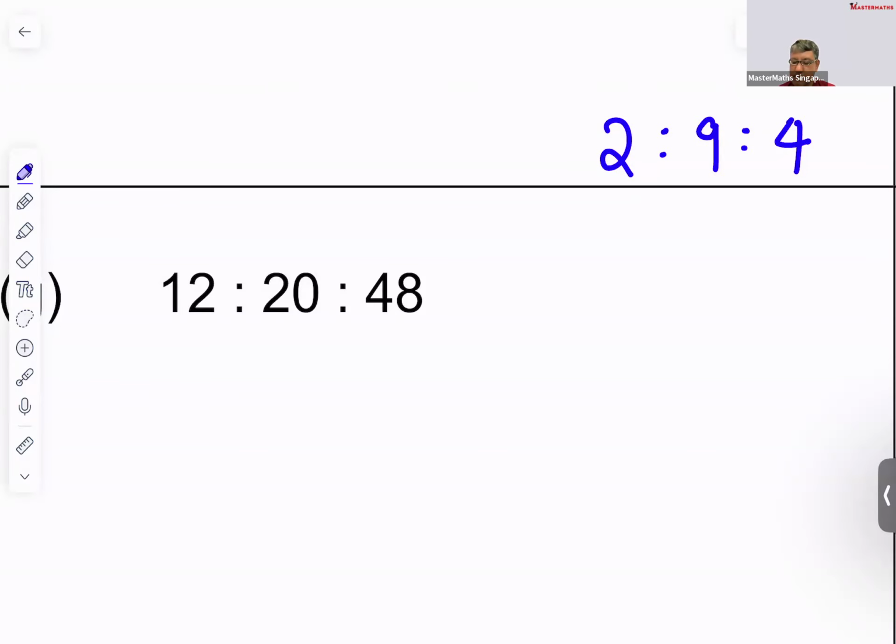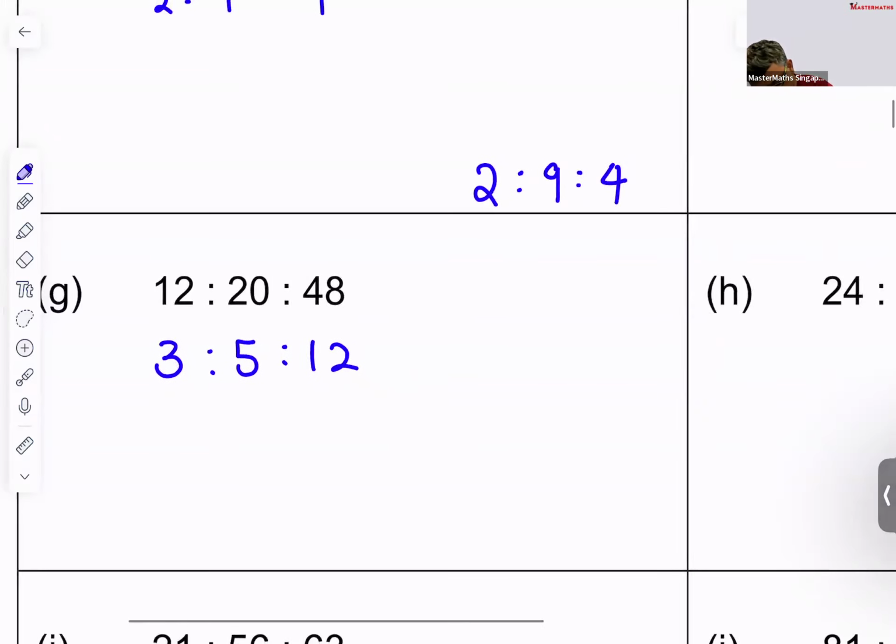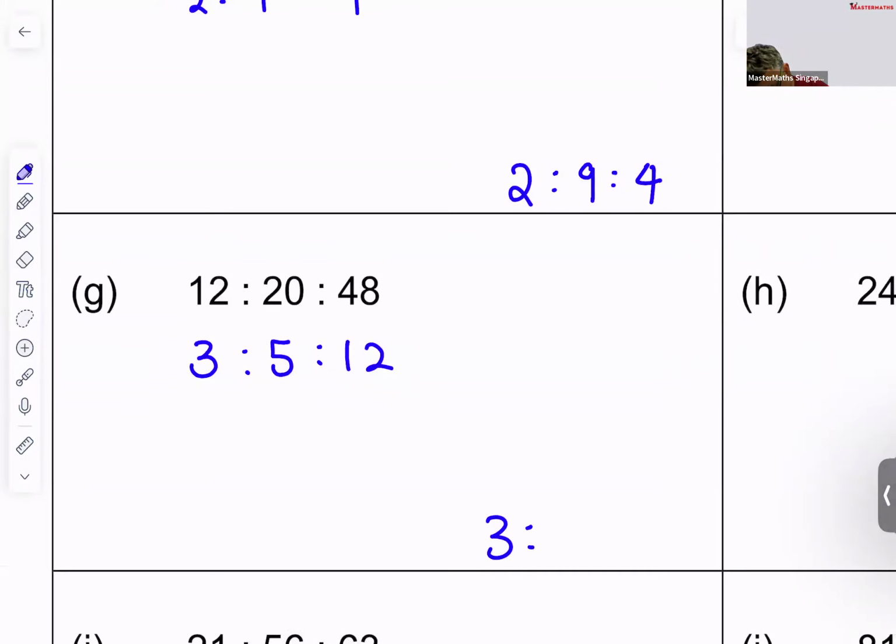You divide by 6? 20 can be divided by 6? 4. 4. 3, 5, 12. So the answer is 3:5.